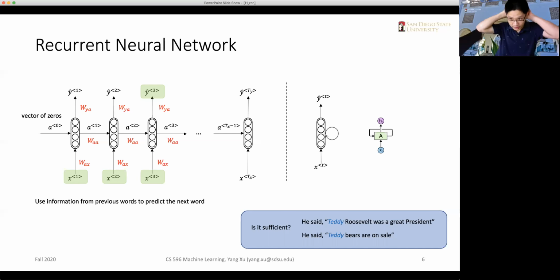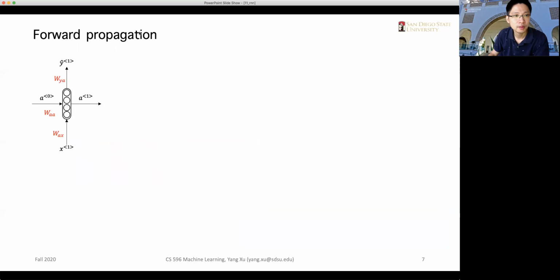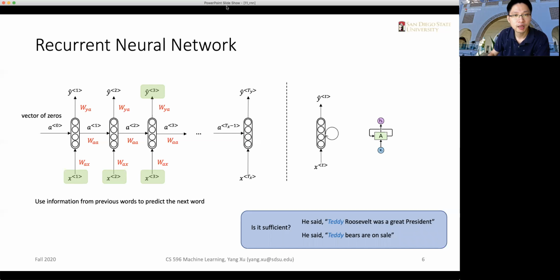If we block the remaining words, how do we know whether Teddy is a teddy bear or the president's name?